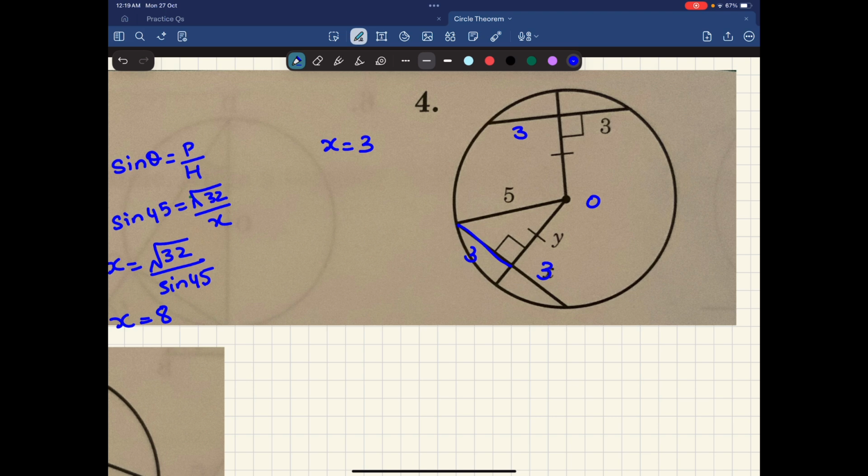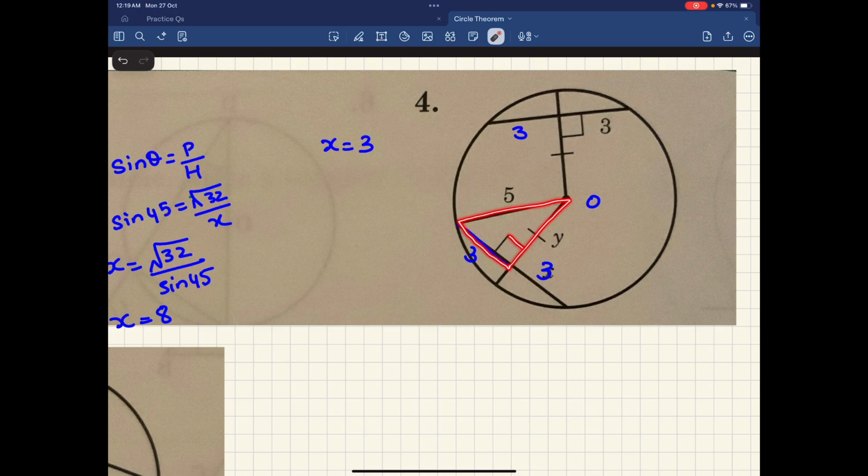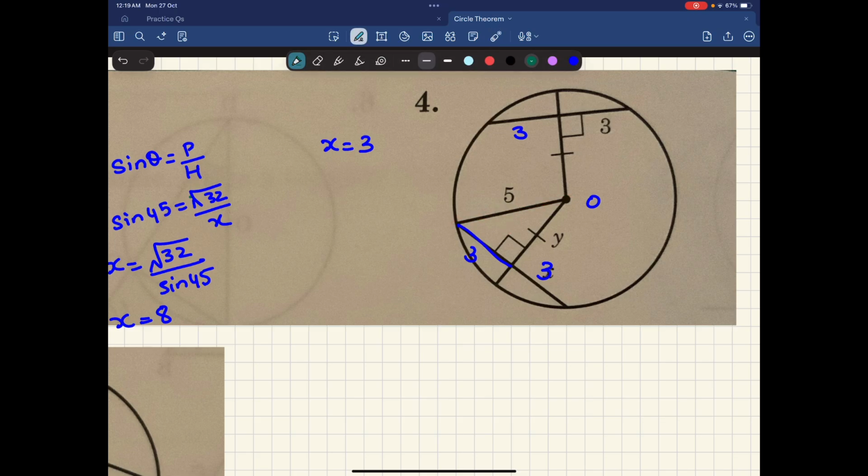Now, can we find the value of Y? This is the right angle triangle. And we are given 2 lengths and we need to find the third length. So we can apply Pythagoras theorem, where the square of the longest side of the right angle triangle, which is opposite to the right angle, is equal to a square plus b square, the squares of the other two sides.